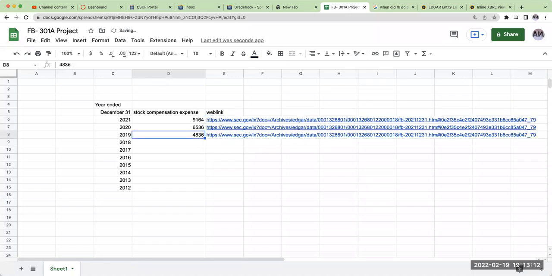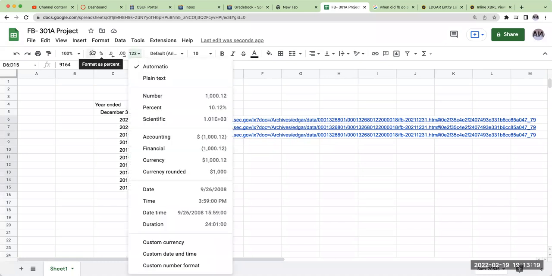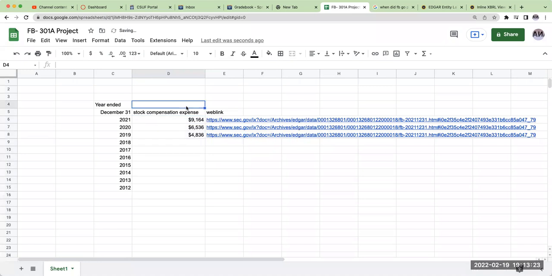Facebook has 3 years of financial information, and we can also say amounts in millions. It might be important as we get into some of the earlier years. So this is going to be the web link.